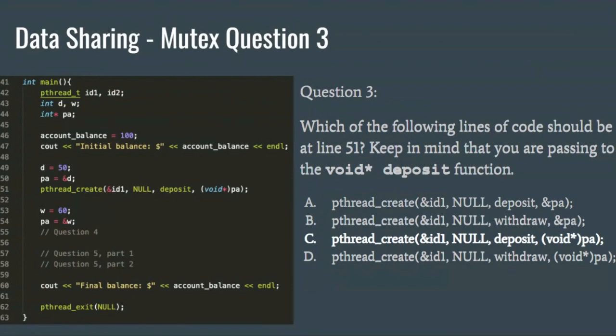Remember how we cast things: you have the data type in parentheses next to the variable. That's all it's doing. It's just casting PA to the type void star. So it's just the data type next to the variable itself. Yep.